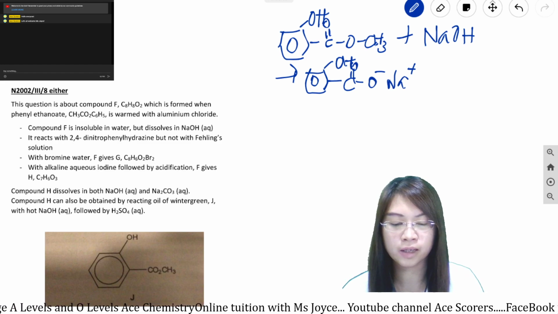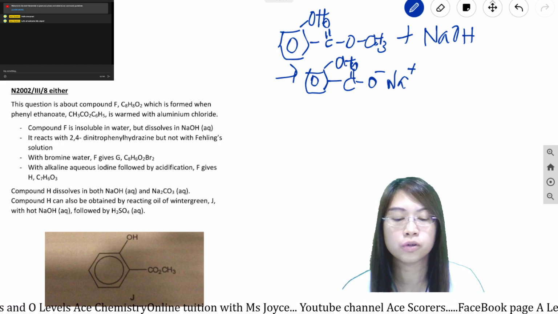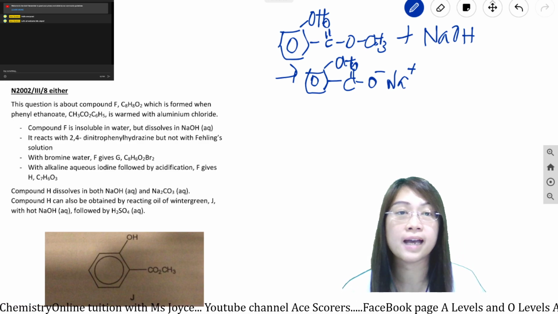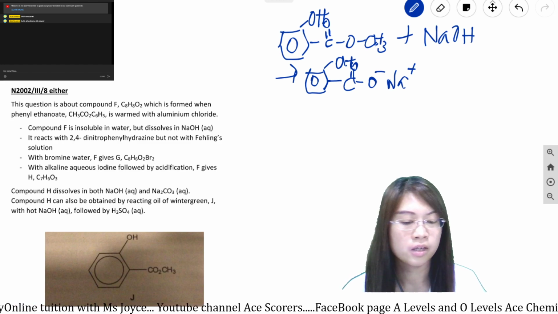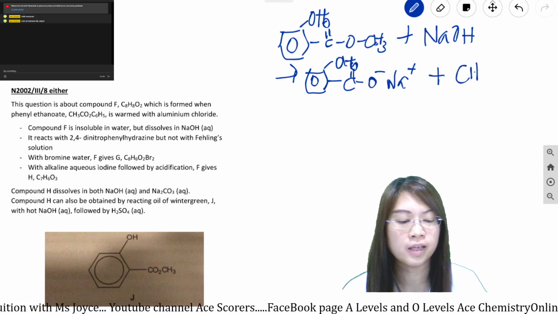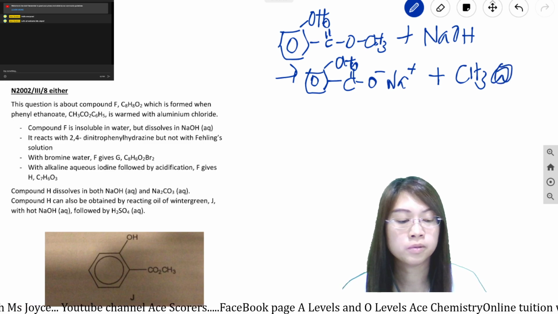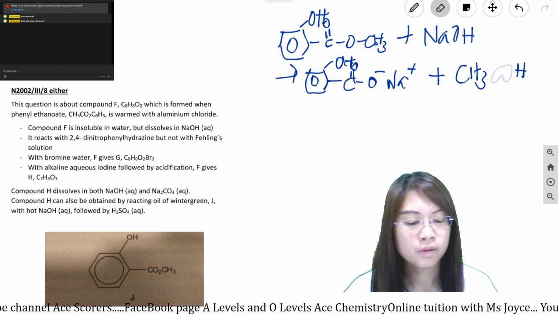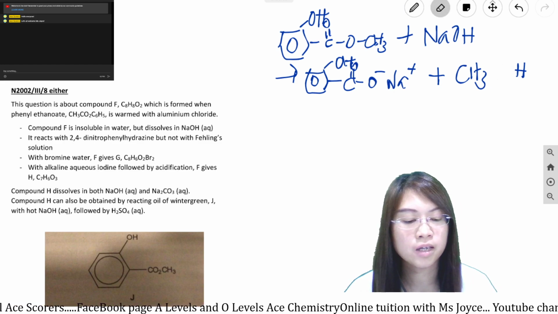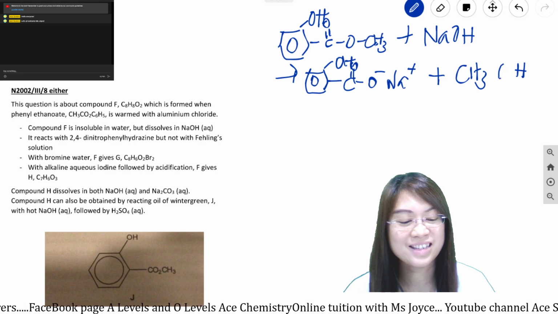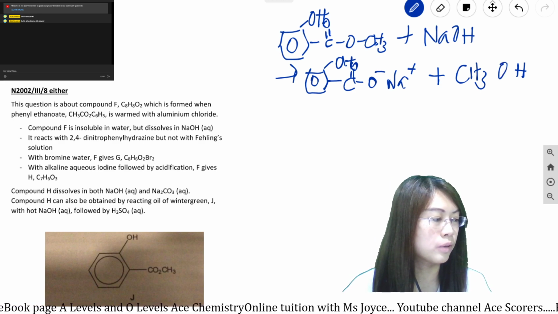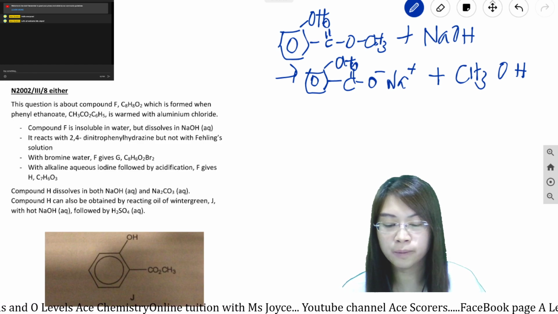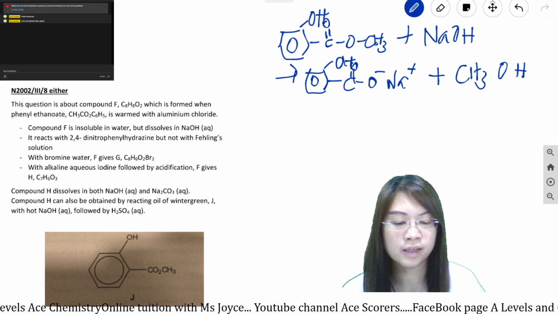In fact, if you look at compound J, it has an ester functional group and a phenol functional group. So after the saponification process, it will form the sodium salt and a byproduct of methanol, CH3OH.